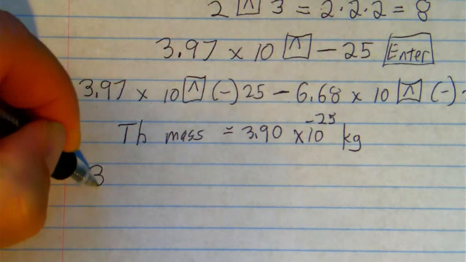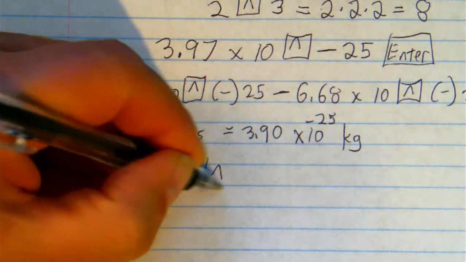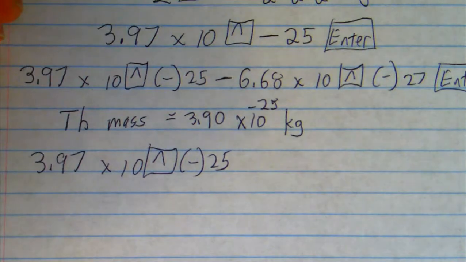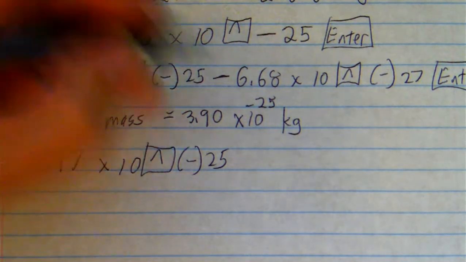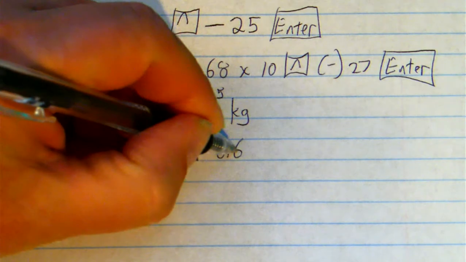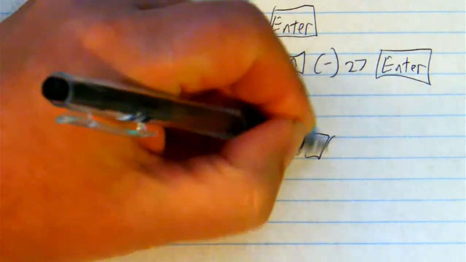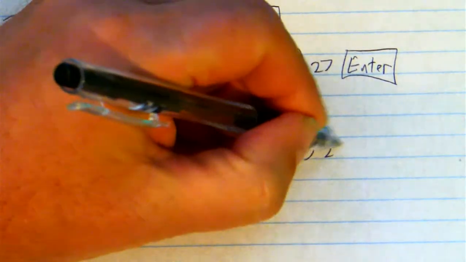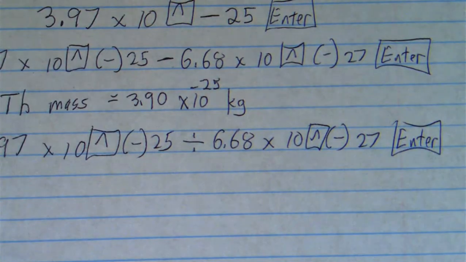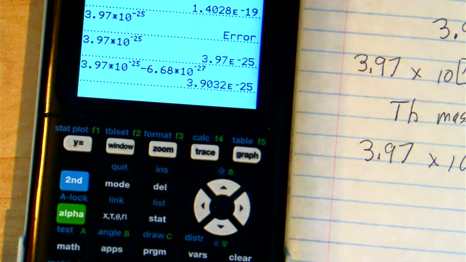If I type in 3.97 times 10 caret exchange 25, and instead of subtracting, I choose to divide by 6.68 times 10 caret exchange 27, I predict I will get a foolish answer. All right, I'm going to type it in and see what I get.